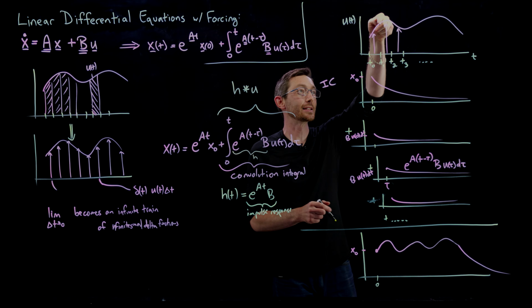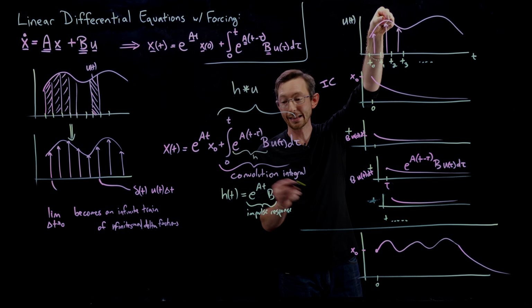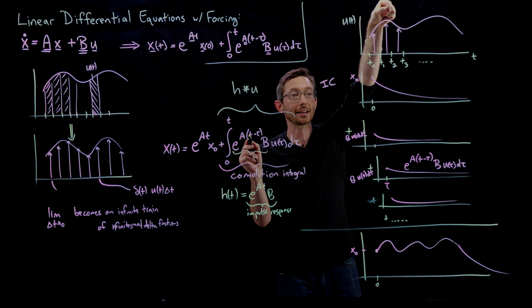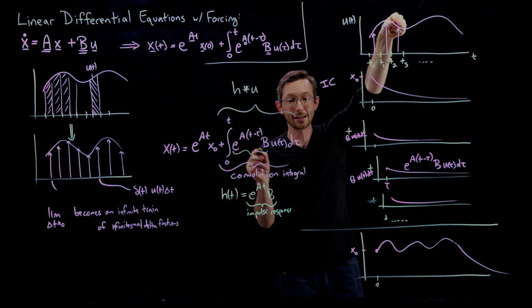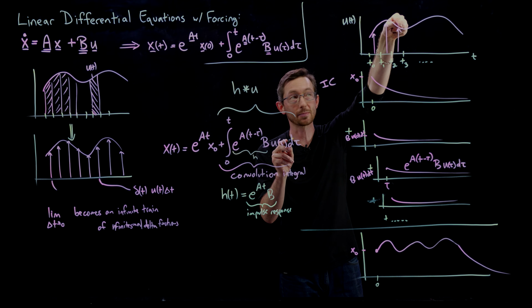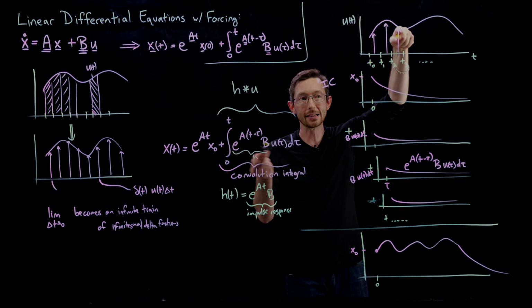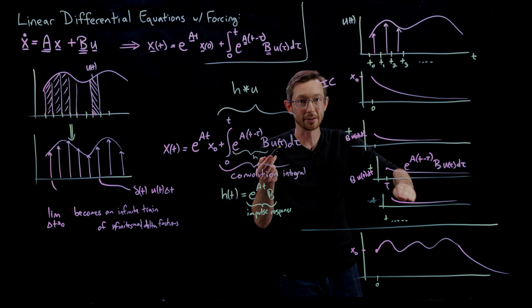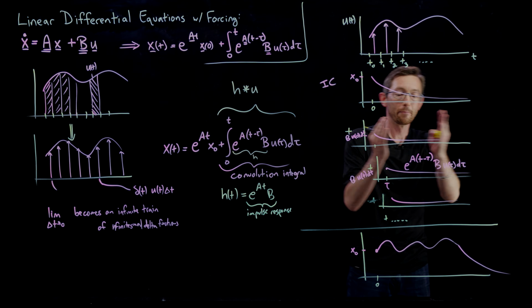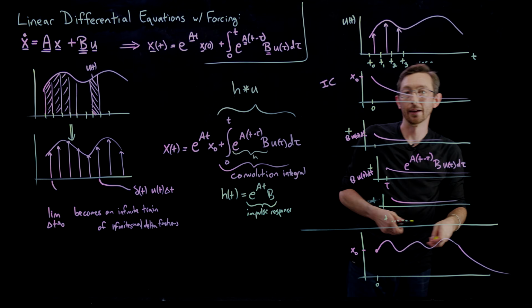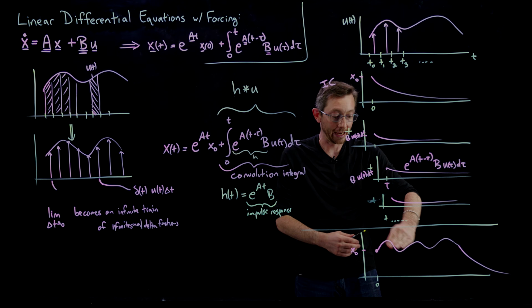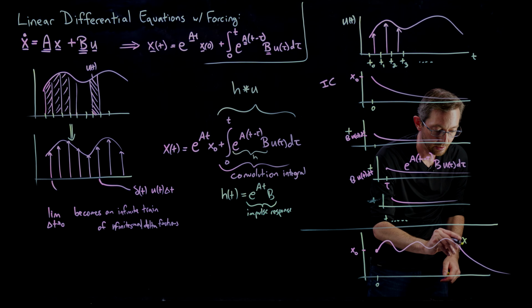Whatever u is at this time times delta t, that's how much impulse response I get. And at the next instant, whatever u is at that instant times delta t, that's how much impulse response I add there. I keep adding these infinitesimal delta function impulse responses in this time-shifting way, and if I add all of those up, I get my true system response, x of t.